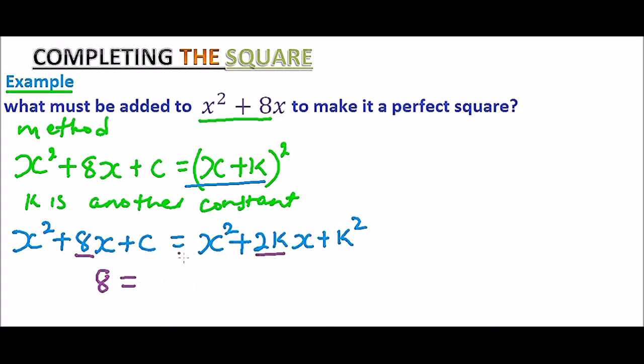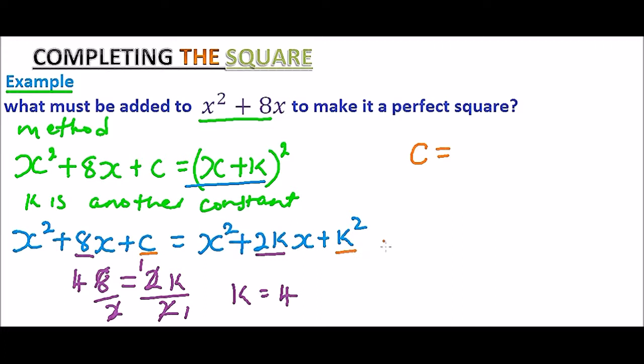So if they are equal, since they are equated here, then 8 is the same as 2k. We divide both sides by 2. 2 divided by 2 is 1, and 8 divided by 2 gives us 4. This implies that k is equal to 4. From there, we find that c is a constant, and the constant on the other side is k squared.